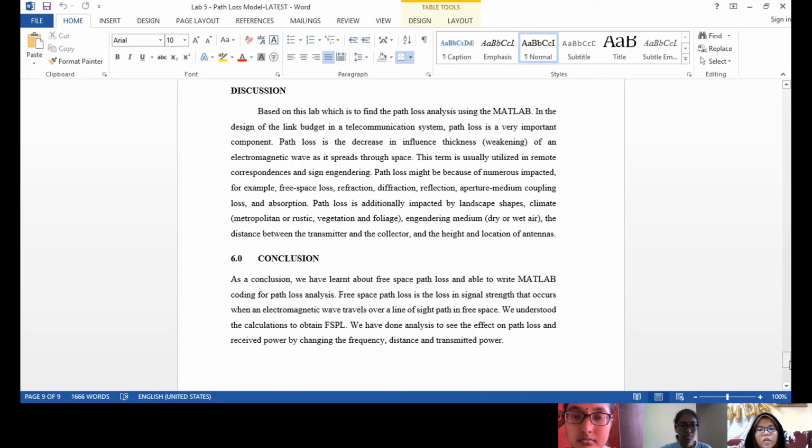Path loss is also impacted by landscape shapes, climate, metropolitan or rustic, vegetation and foliage, engineering medium or dry or wet air, the distance between the transmitter and the receiver, and the height and location of the antenna.